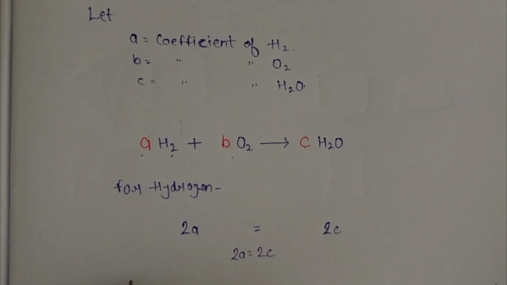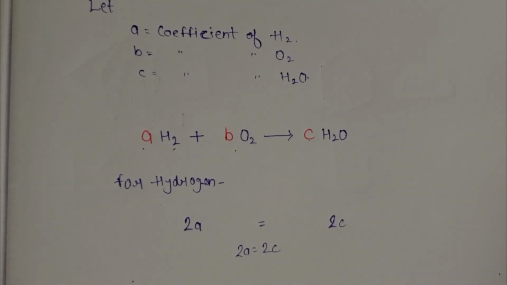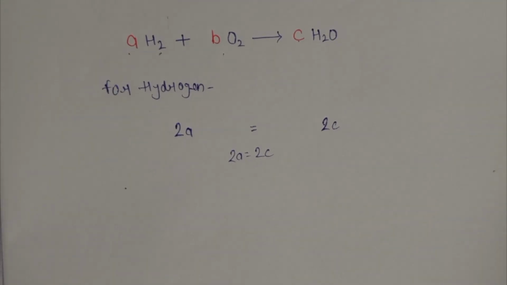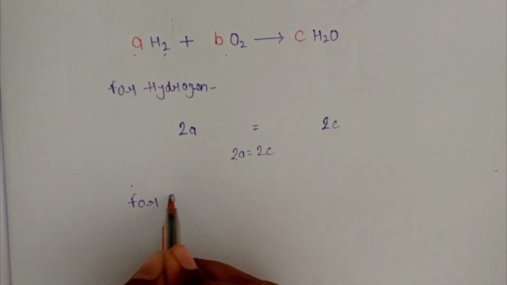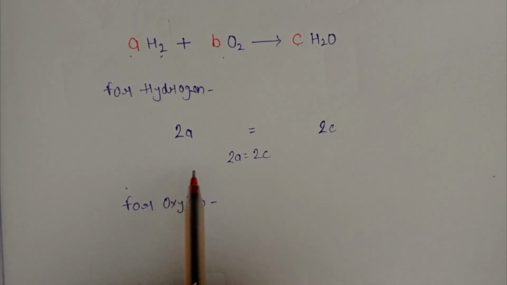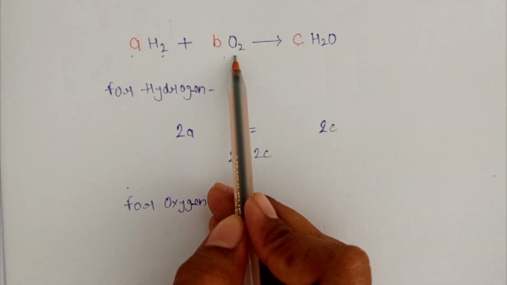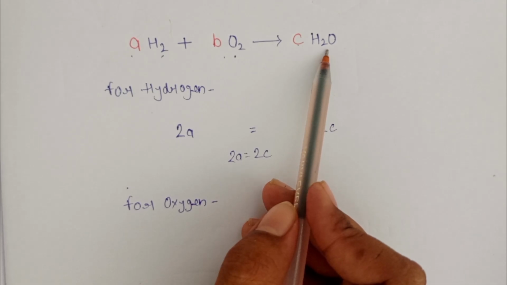We will do the same for the oxygen atom. For oxygen, we have two oxygen atoms on the left-hand side and one oxygen atom on the right-hand side.